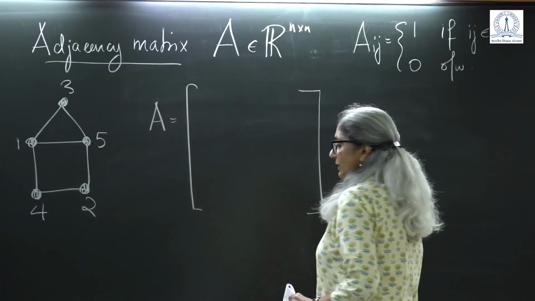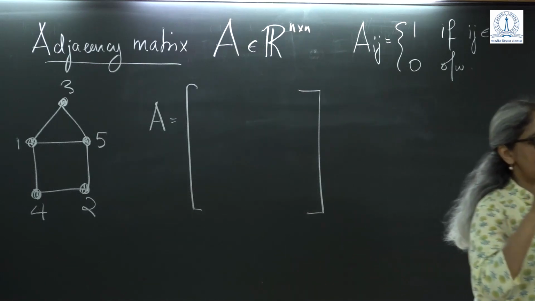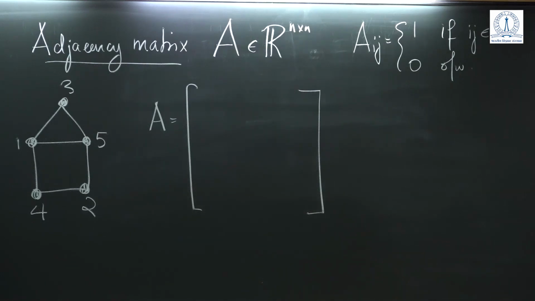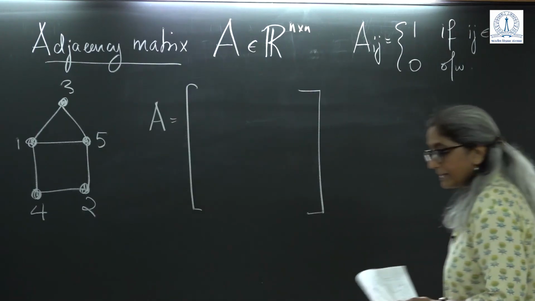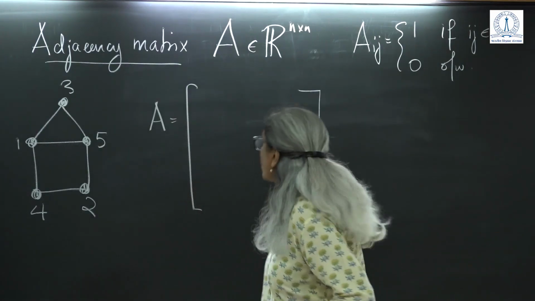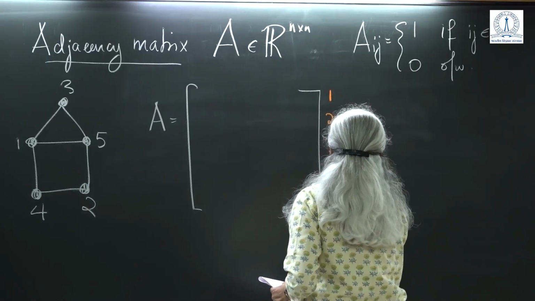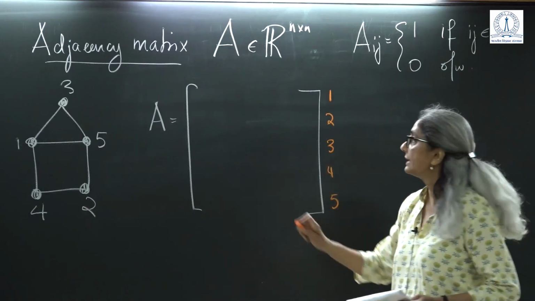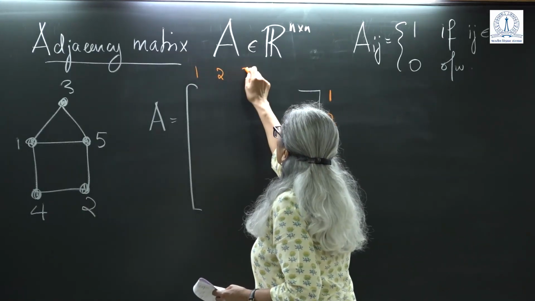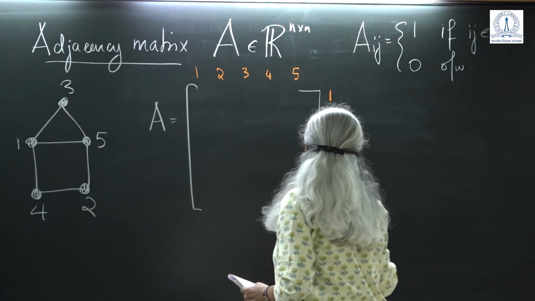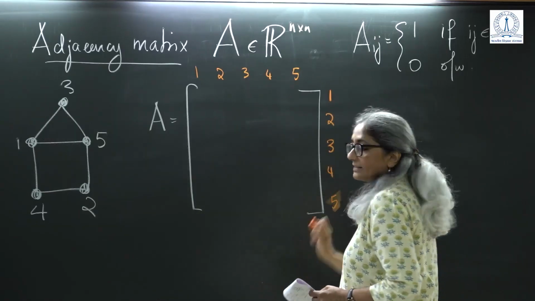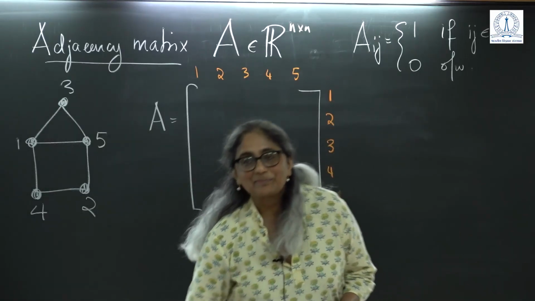Okay. So first of all, it's a matrix of size 5 by 5, right? There are 5 vertices, so it should be of size 5 by 5. So its rows and columns are indexed by the vertices. Okay. All right.